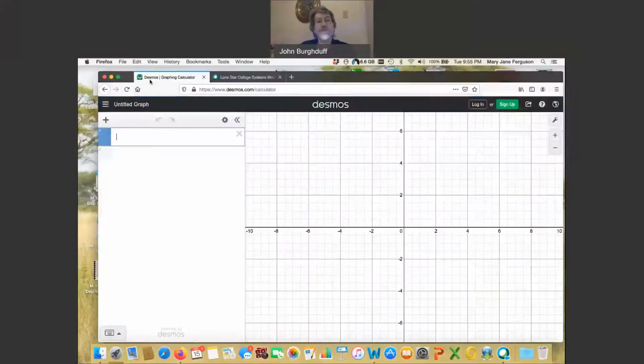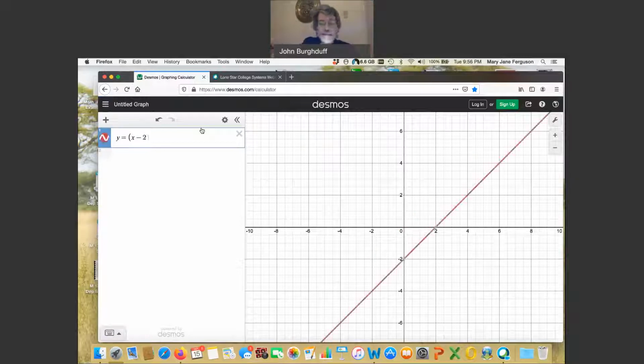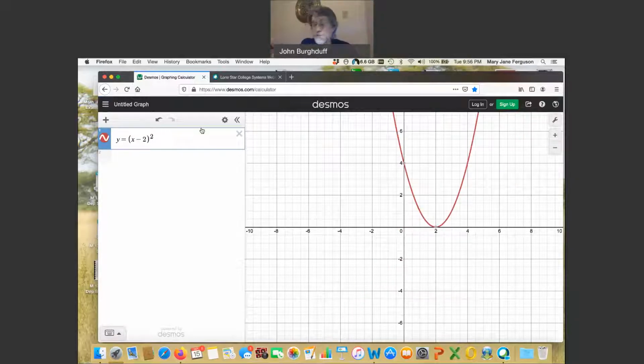All right, let's go over here to Desmos and take a look at what we've got going on. So the graph that I had in the factored form looks like this. And I just want to look at it and notice some cool things about it.